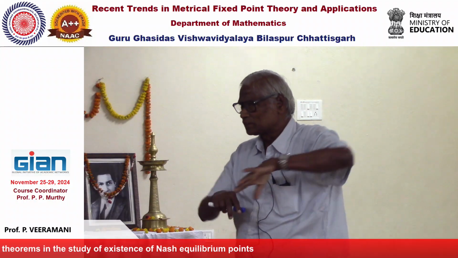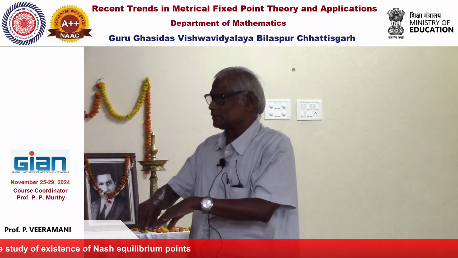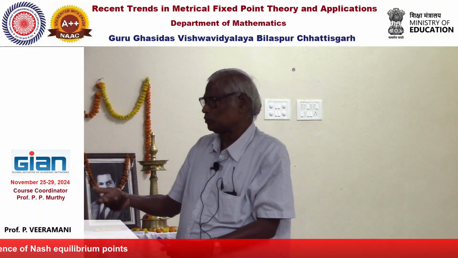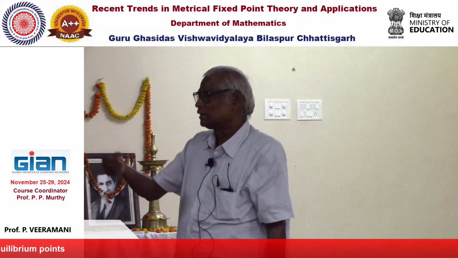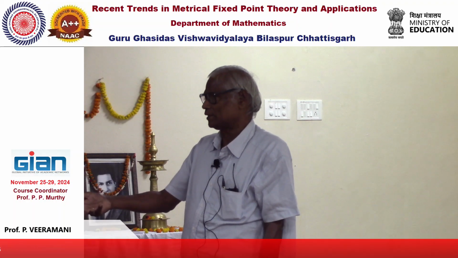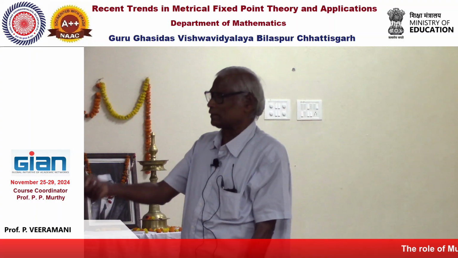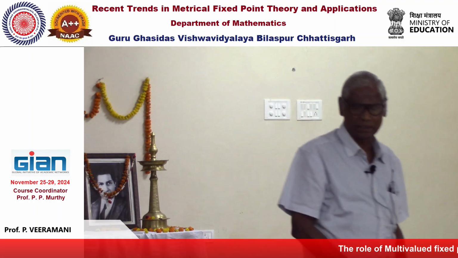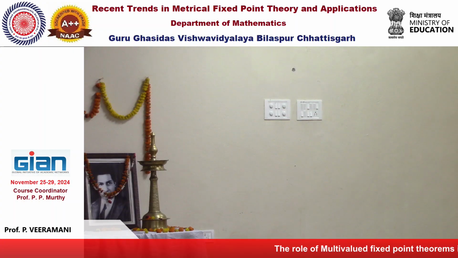What will happen if you assume the same conditions for a subset of R2 and the same condition that the map f is continuous? Can you expect a point x in K such that f(x) = x? Pardon?